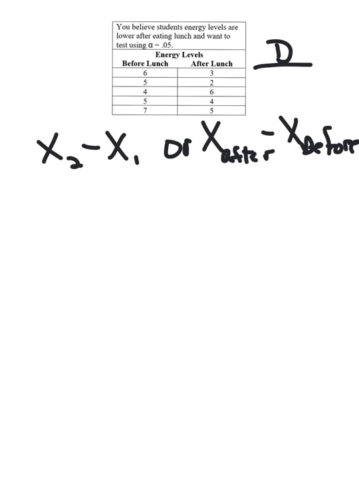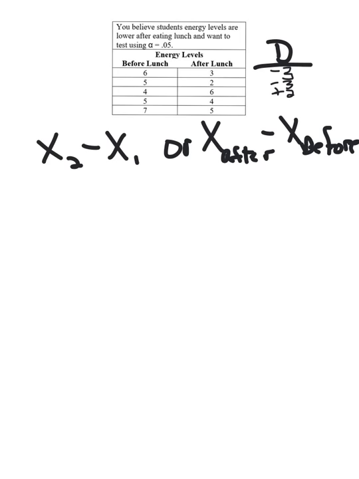But in actuality, that person's score went down by 3 points. So it would be a negative 3. Then the second person, their score went down by 3 points. The third person, their score actually went up by 2, so that's a positive 2.